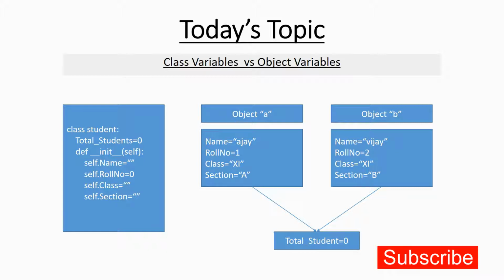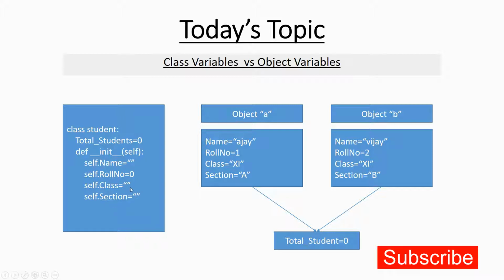We created some member data, which were the object variables. If you remember, in the last tutorial we created a class called student, and there was this init function, which is a constructor used to create the member data for every object. We created this member data: name, roll number, class and section.